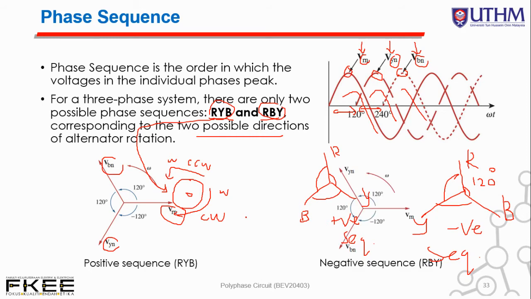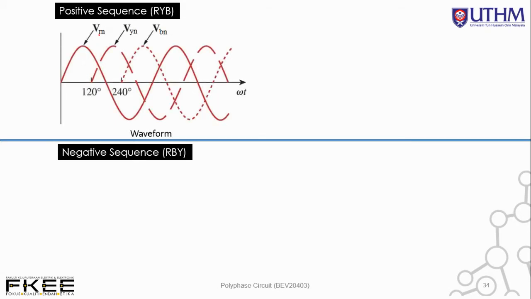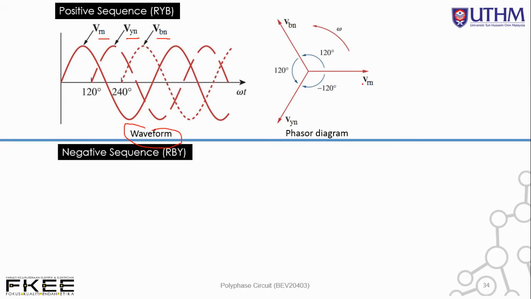Negative sequence is R, B, and Y. Again, for positive sequence, this is how it looks in terms of waveform. We have the R, Y, and B sequence, and the phasor diagram R, Y, and B.